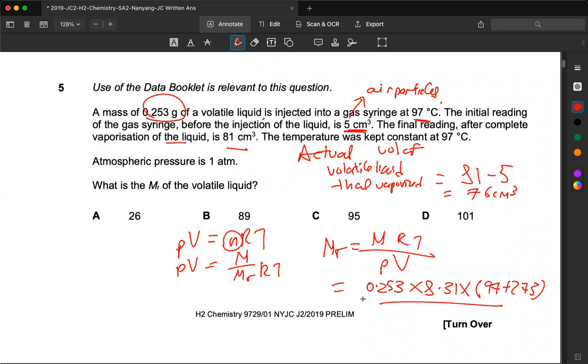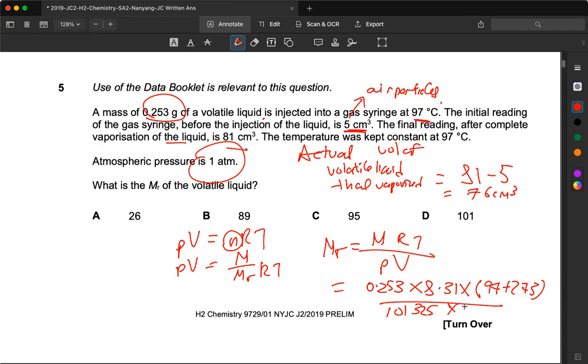The pressure is given as atmospheric pressure, so this needs to be converted to the SI unit, Pascal, which is 101,325. Be careful, it's not 1.01 only, it's 101,325. Must copy down everything. Then for the volume, be careful.